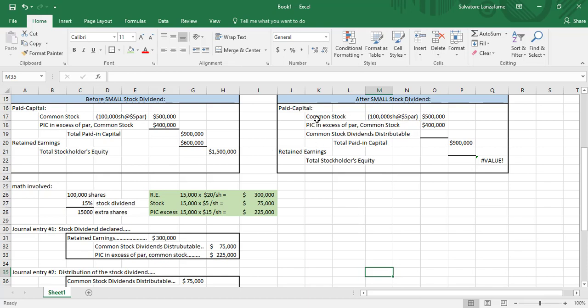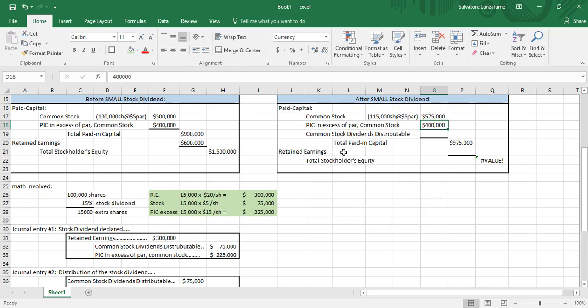Well, we no longer have 100,000 shares outstanding. It's 115,000, right? Because didn't we just give these stockholders an extra 15,000 shares? So if we do that math now, we've got 115,000 multiplied by the $5. That's going to be $575,000 worth of common stock.